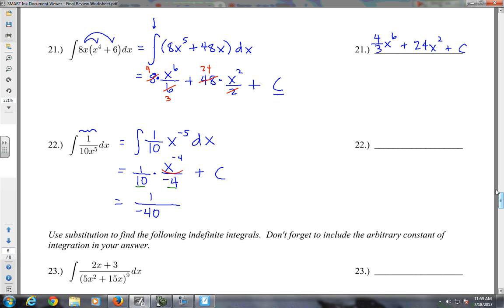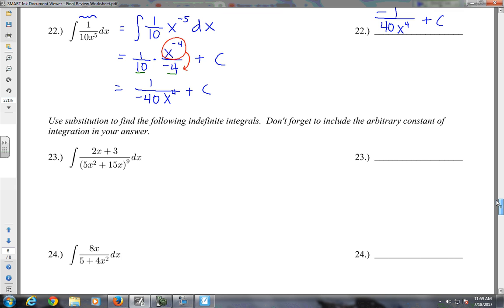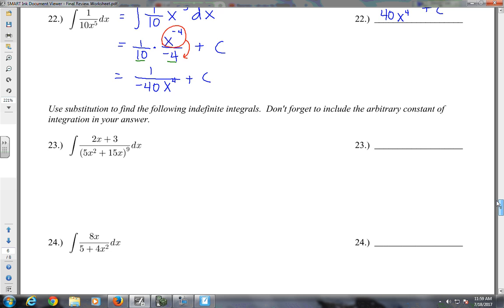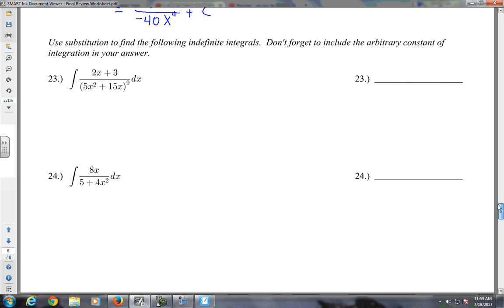And then we'll take our x to the negative 4th, move it to the denominator, and change the sign of that exponent. So our antiderivative is negative 1 over 40x to the 4th plus c. Again, if you're comfortable with your differentiation rules, integration is not too difficult. You just got to get your mind straight on changing a few details. Until we get to the substitution process.